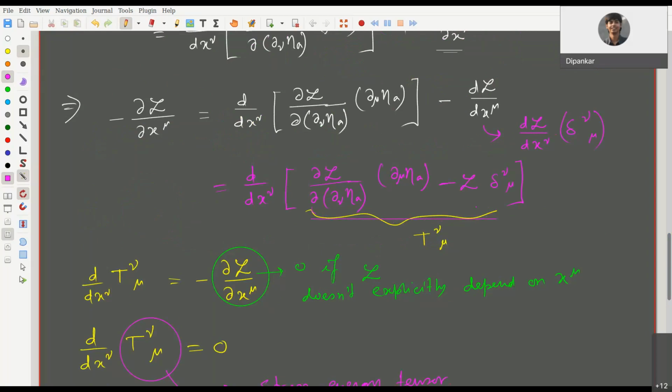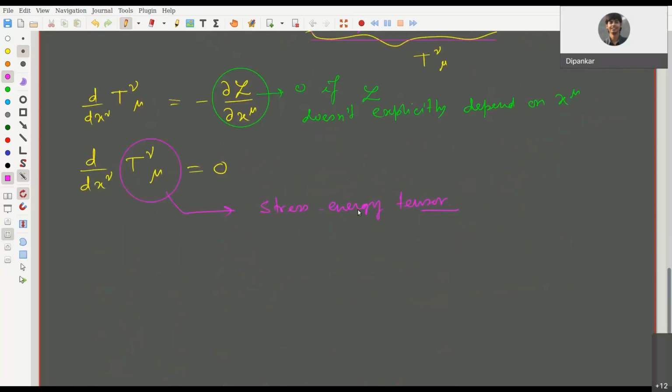Now, why do we call it the stress energy tensor? To find out the energy component of T nu mu is quite easy actually. So just for fun, let us calculate the 0 component of this T nu mu. Okay, so let us calculate T00.